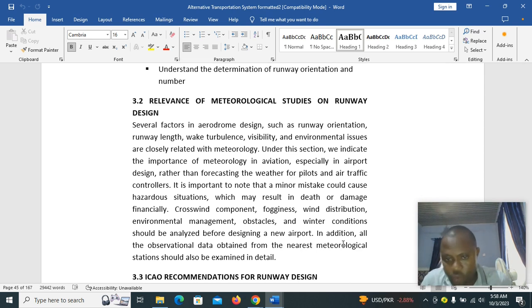Then also visibility, fogginess, and wind distribution. The visibility at the airport is very important, that's why we're talking about fog. Then we also need to talk about the distribution of wind. How does the wind blow around the airport within the time under study or consideration?